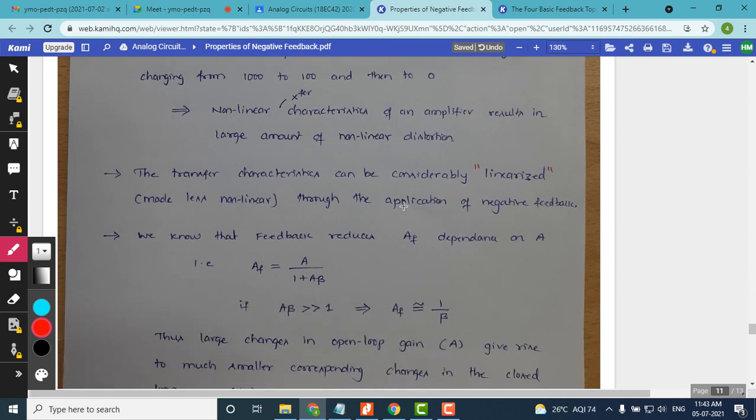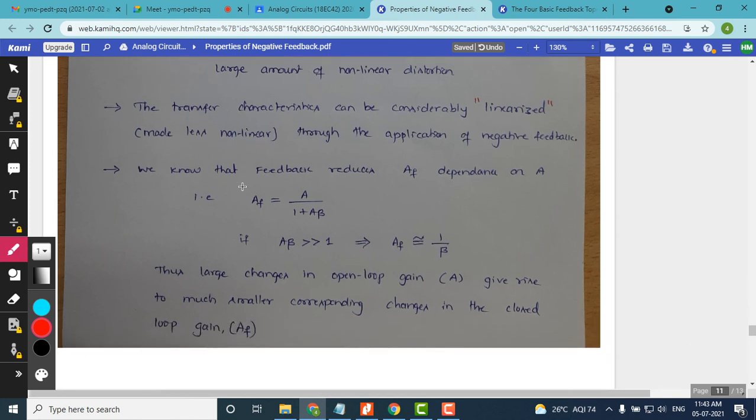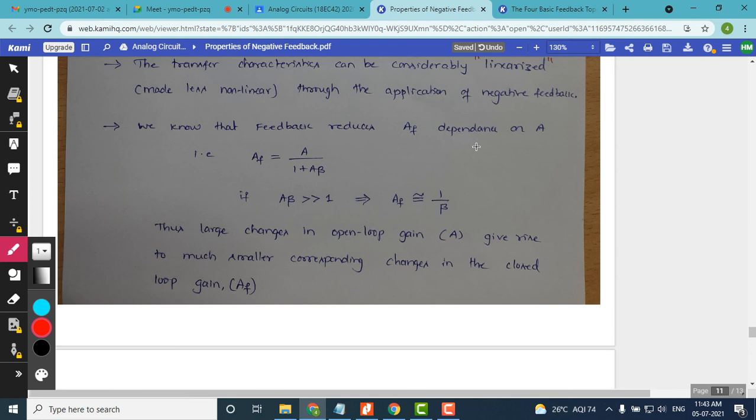Okay, so transfer characteristics can be considerably linearized, by which you can make it linear using negative feedback. We know that feedback reduces the gain A by an amount of 1 plus Aβ, and if I assume that Aβ is far greater than 1, 1 can be neglected here. If 1 is eliminated in the gain expression, then AF depends only on β.